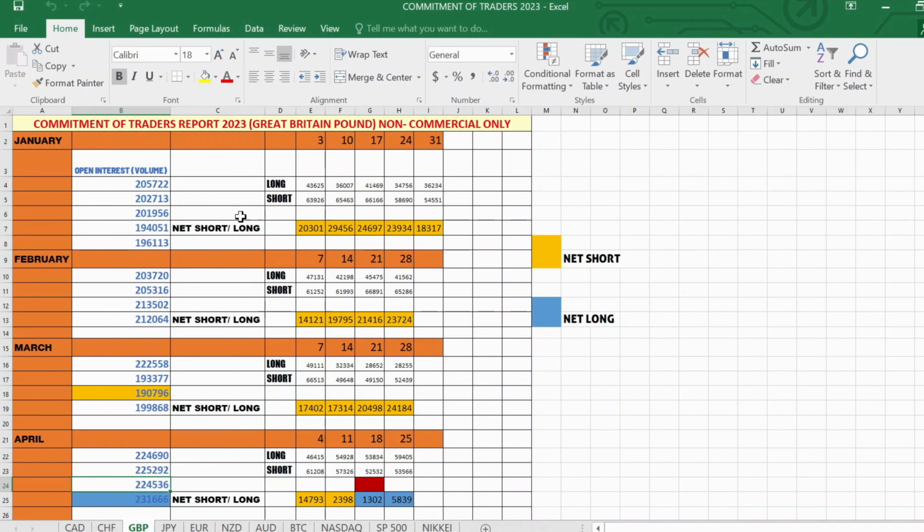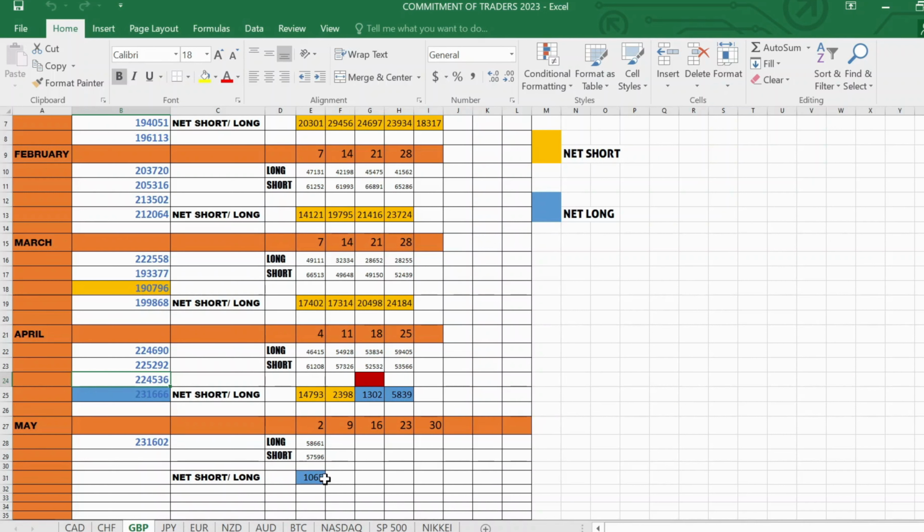And the figures you see highlighted in yellow or blue, these are the figures that you will usually see being referenced in the financial press, whereby they can say, for example, on April 2nd, the pound is net long positive 10.65.